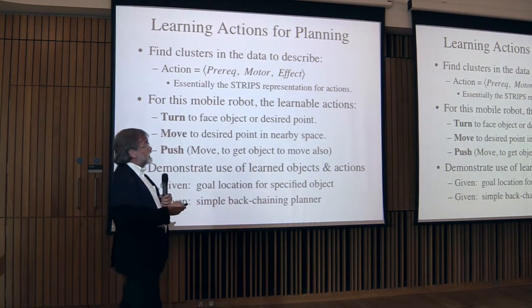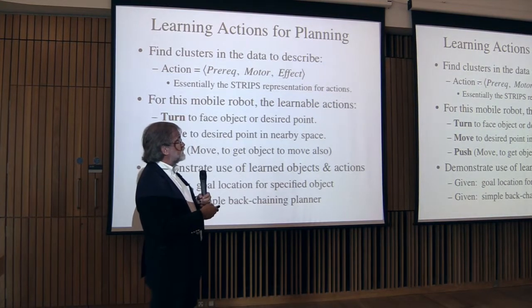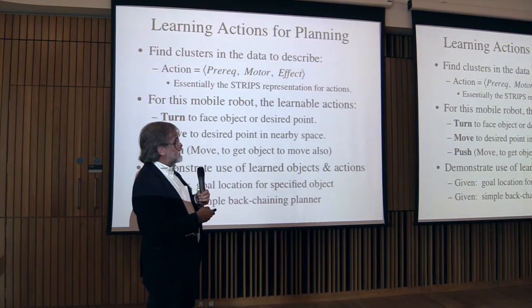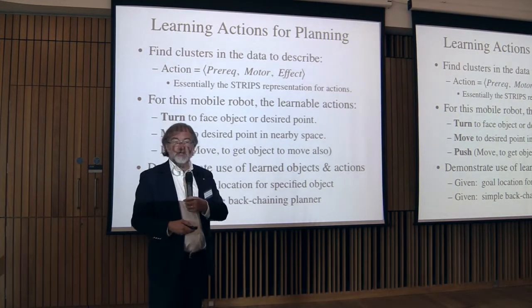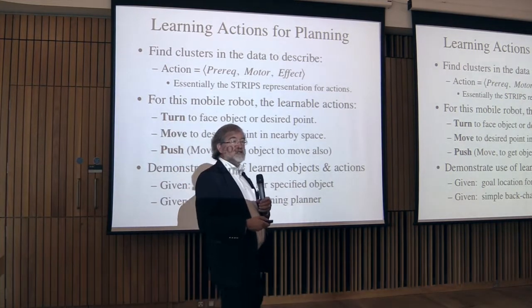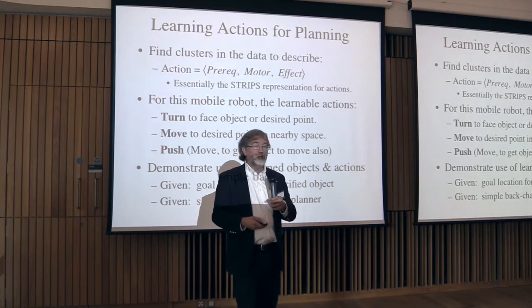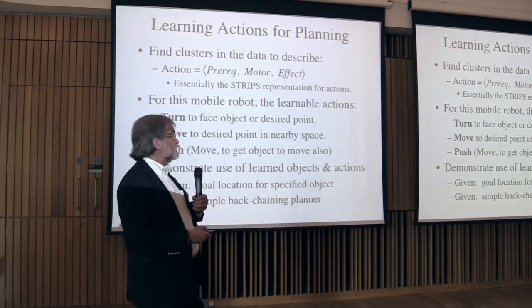So when we find those clusters that correspond with each other, we define an action as a triple: prerequisite, motor, and effect, and this is essentially the STRIPS representation for an action. STRIPS is probably the first major planning system and its representation for actions has been very influential.